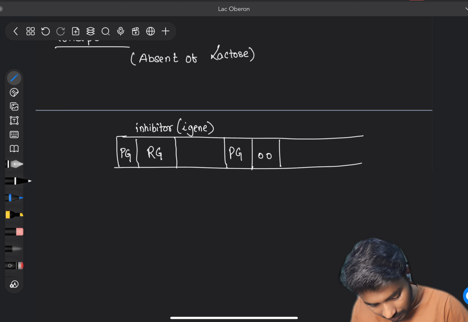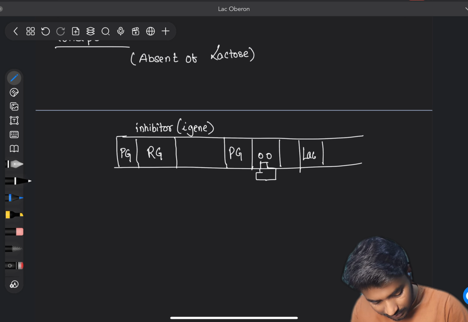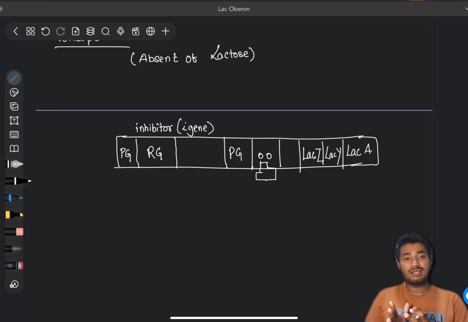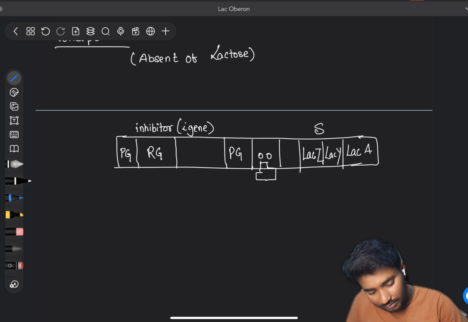Here is the actual operon. It consists of Lac Z, Lac Y, Lac A. The question comes: what does Lac Z perform, what does Y perform, and A perform? This is the structural part.